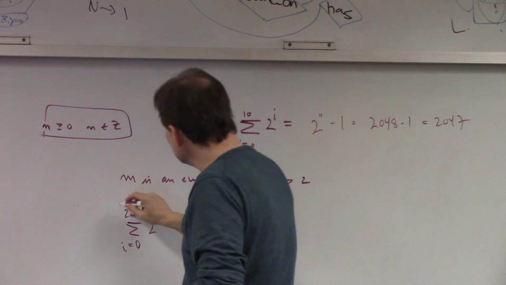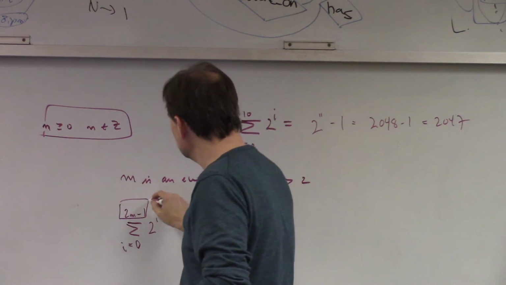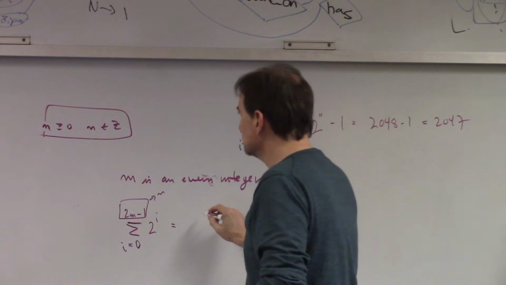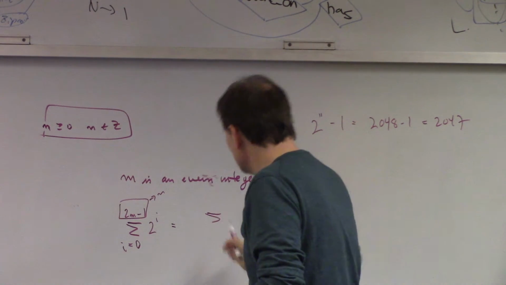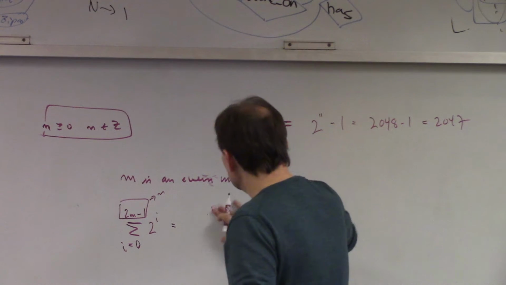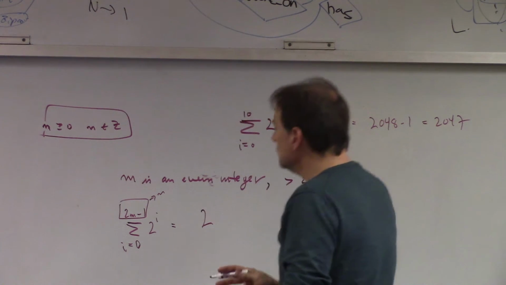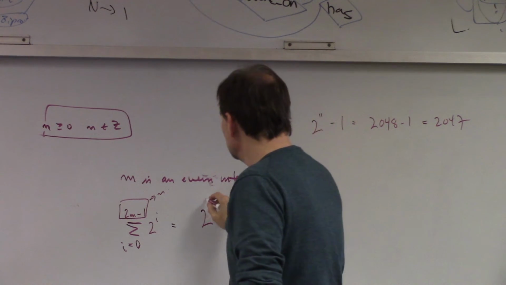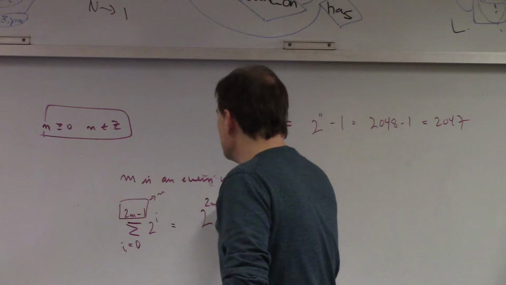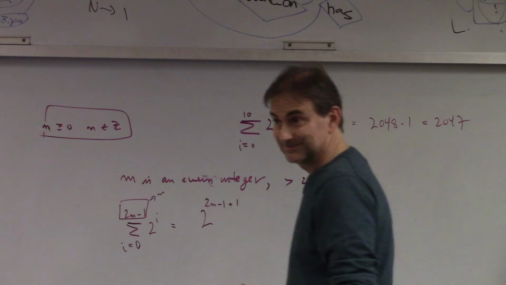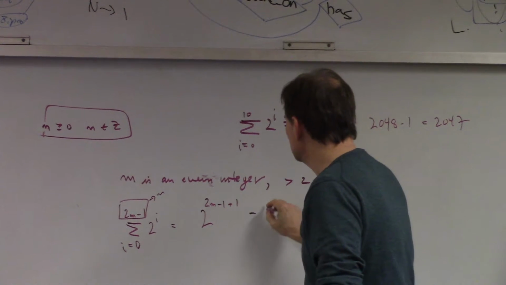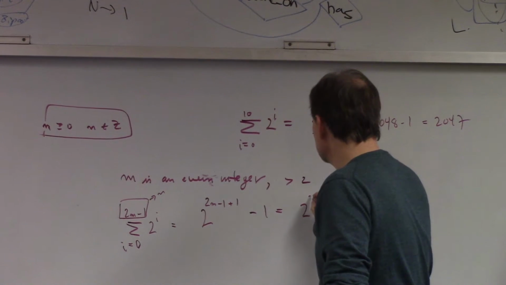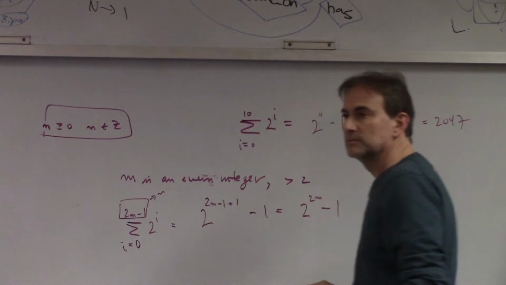What we'll do is a substitution for n. It's going to equal 2 to the power of 2m minus 1 plus 1, minus 1, which is 2 to the 2m minus 1.